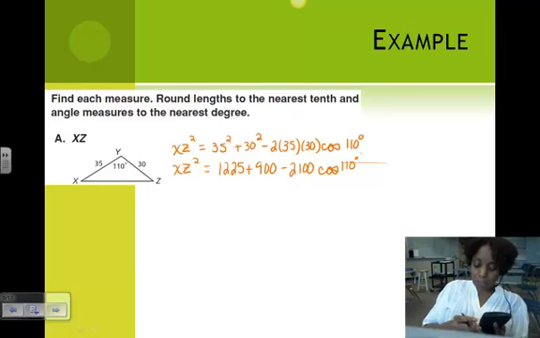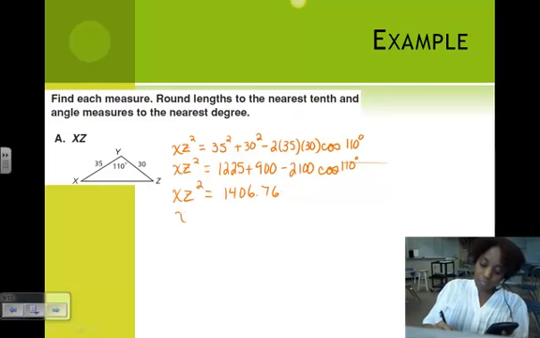Okay, and then I'm going to do plus 1225 and plus 900. So XZ squared is equal to 1406.76, and I'm approximating there. So now I take the square root of both sides, and we get XZ is approximately 37.5 units.